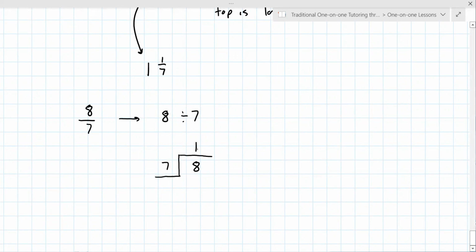And then 1 times 7 is 7. You subtract. 8 minus 7 is 1. So this down here is called your remainder. Have you seen that before? Yeah.